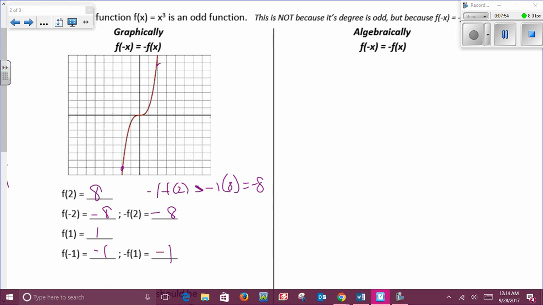So algebraically, we have f of negative x equals negative x, and then the whole thing cubed. Well, negative 1 times negative 1 times negative 1 is negative 1. X to the third is x to the third. So it's the complete opposite.